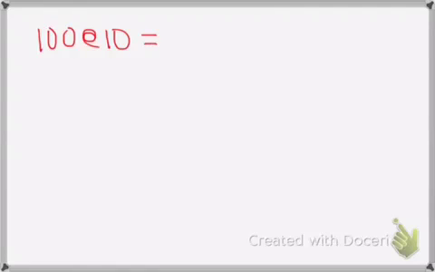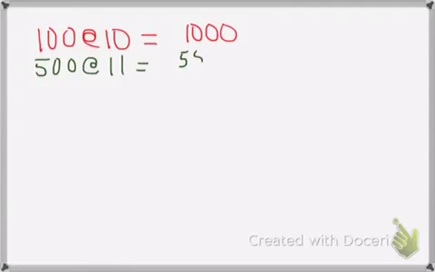So that 100 at 10 is going to equal $1,000. Then we have the 500 at 11, and that's going to equal that 5,500. Then we have the 200 at 12, and that's 2,400.